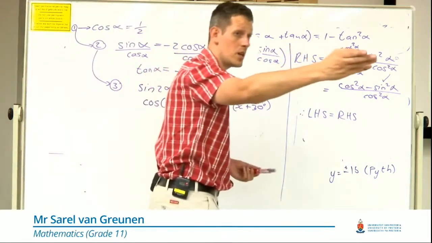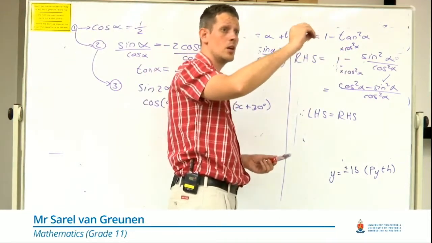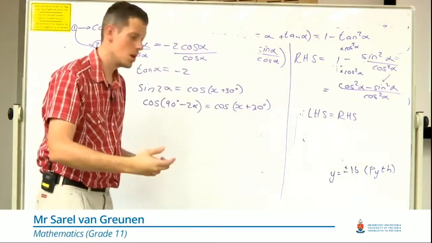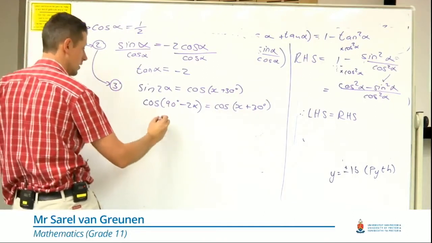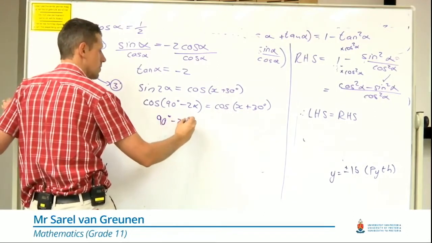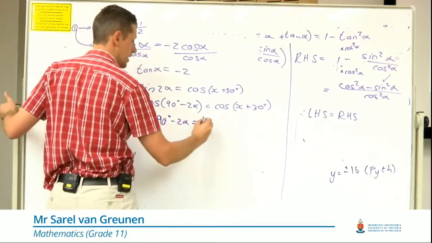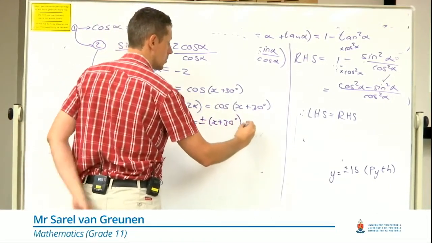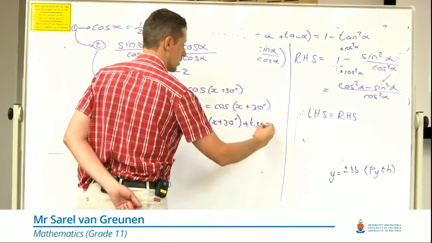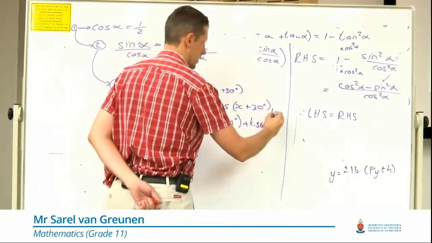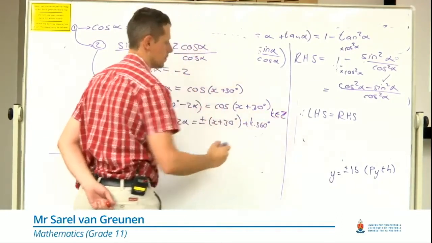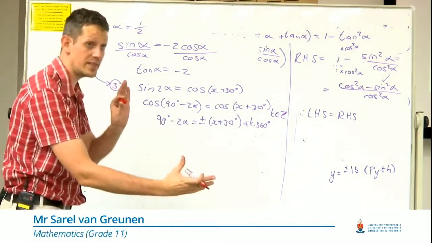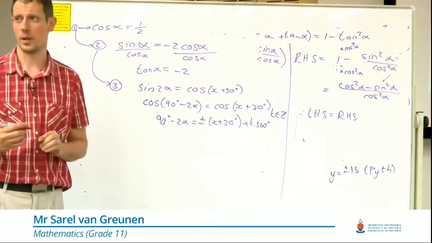If I look at the method where you use that plus minus for cos, the rules, you are going to say, okay, 90 degrees minus 2 alpha is plus minus (x plus 30) plus k times 360, but k is an element of Z. Then you're going to separate them and solve them.